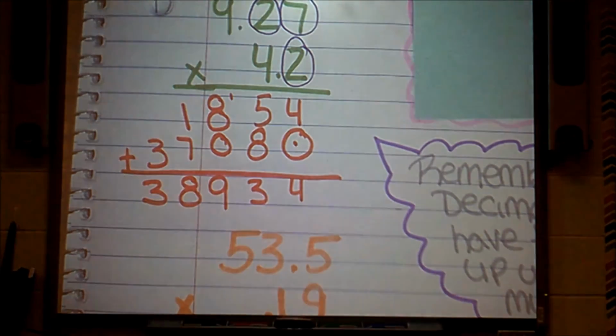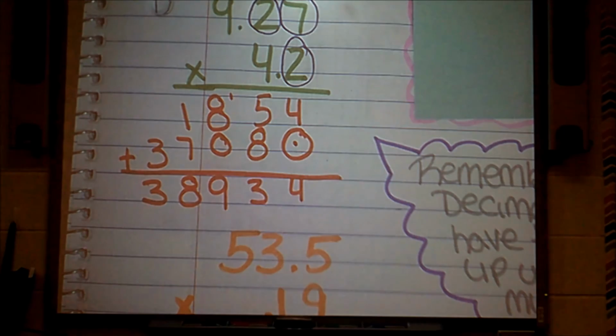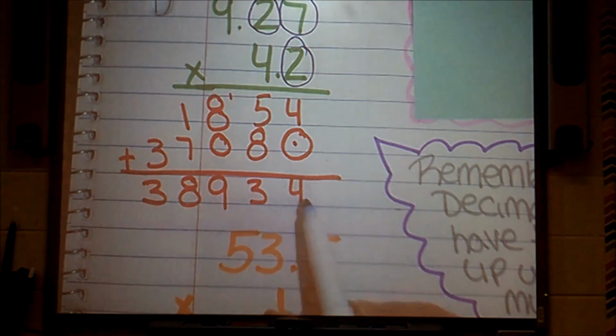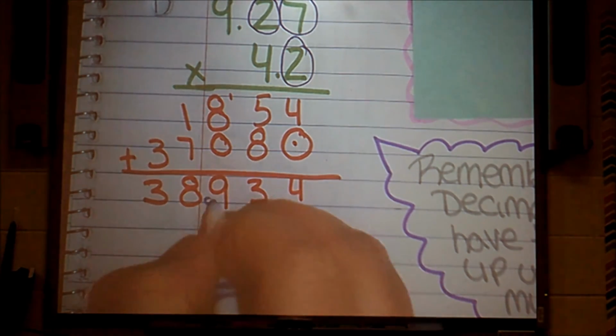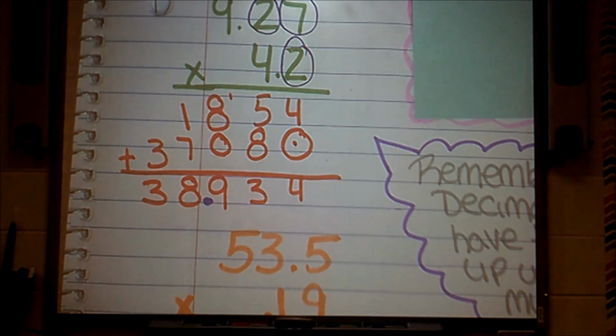I have 3 digits behind the decimals in my original problem. So I'm going to make sure that my product mimics this and also has 1, 2, 3 decimals behind it, giving me a final product of 38.934.